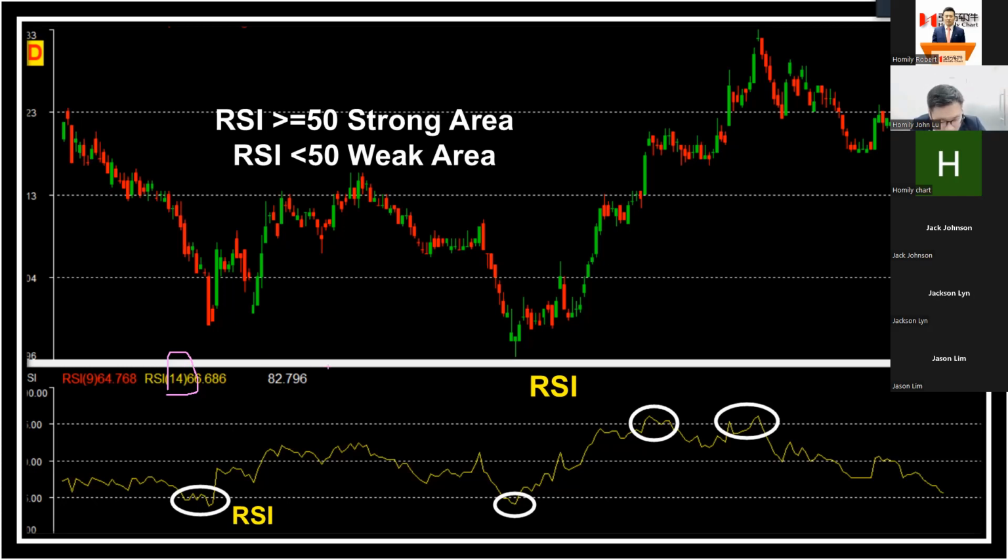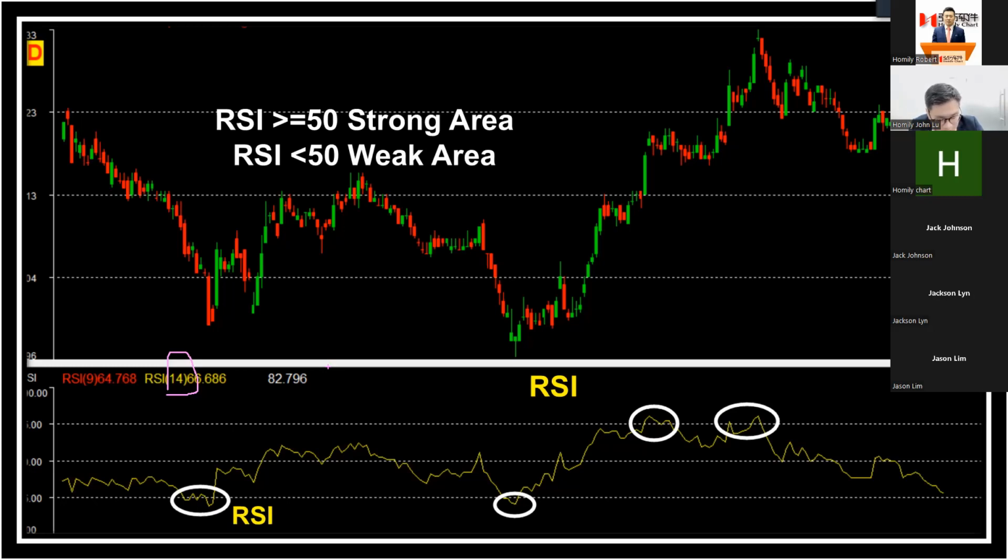Many times when the value of RSI has already touched 70, it will continue to rise for a long while. So if it's already 70 and you start to worry about the chart, most times it's too early, even for blue chips.